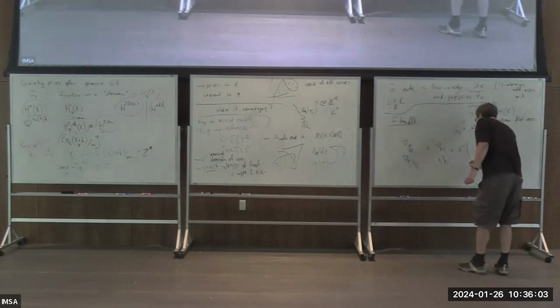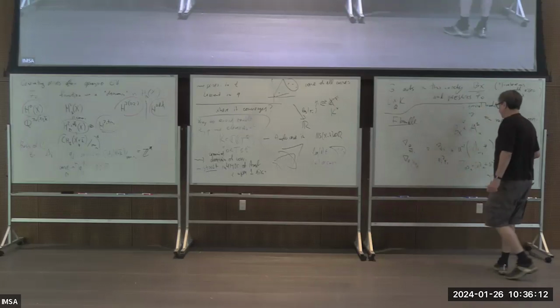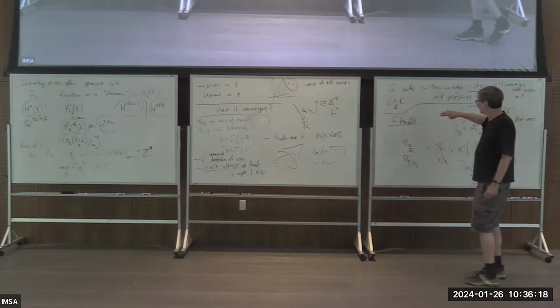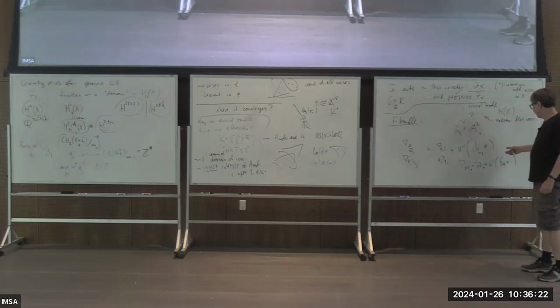And similarly, the connection with respect to u, ∂/∂u, will be u ∂/∂u plus u inverse and multiplication by some Euler operator. The Euler operator is a very simple function on the Frobenius manifold.